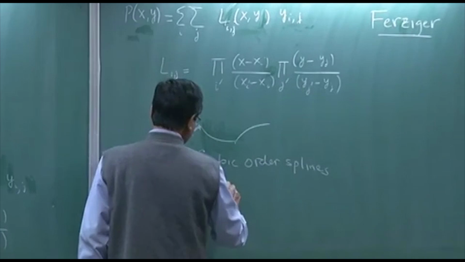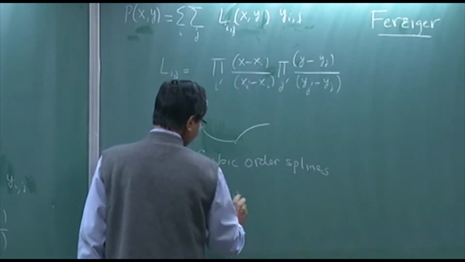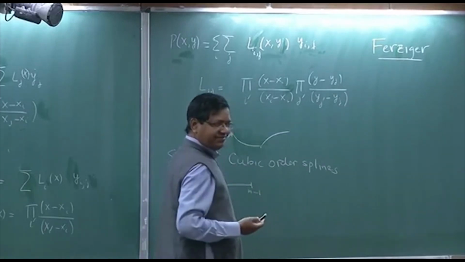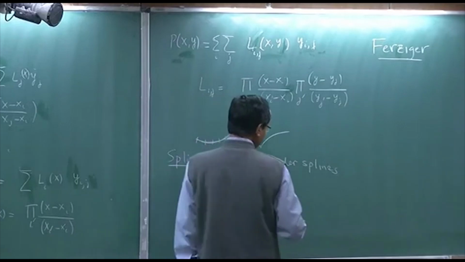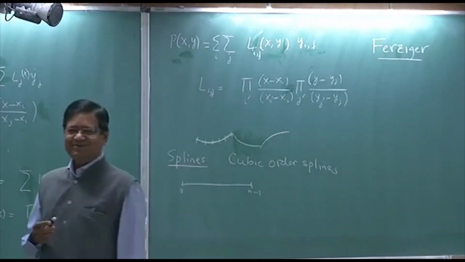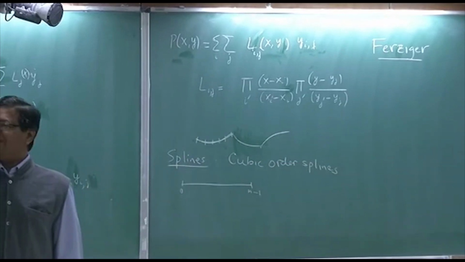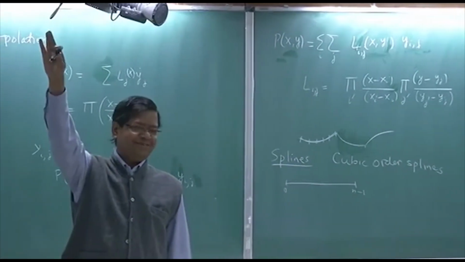So I have again points 0 to n, but I want to construct a function f passing through these points, which follows the equation of a beam. I don't know how many of you know the equation of a hanging beam. So this is a beam. Right now it is stable.